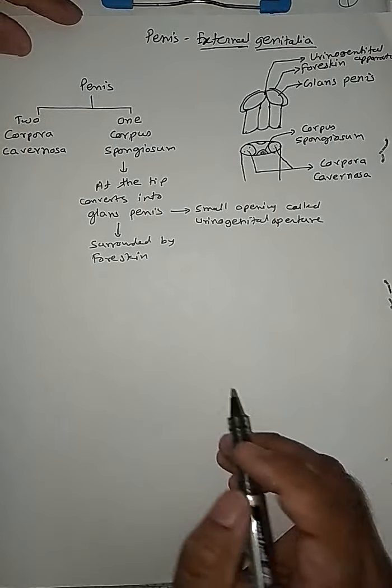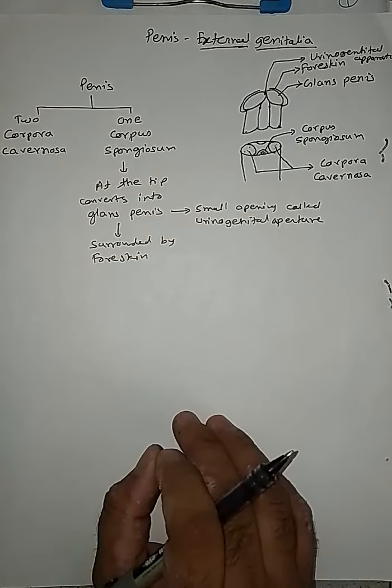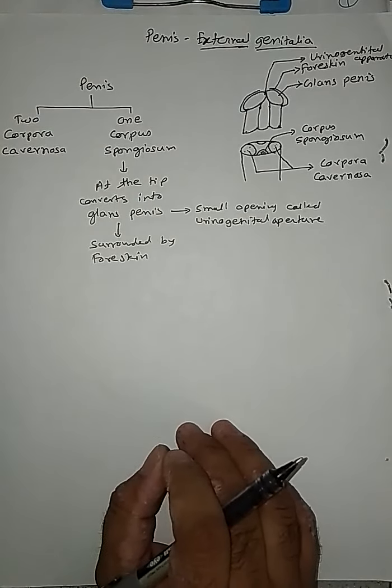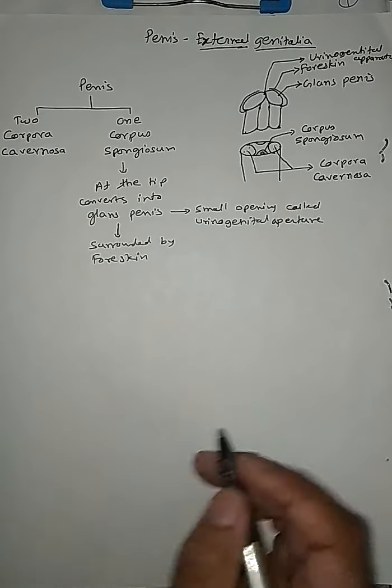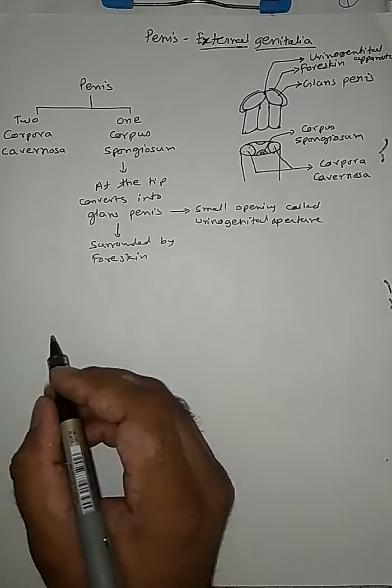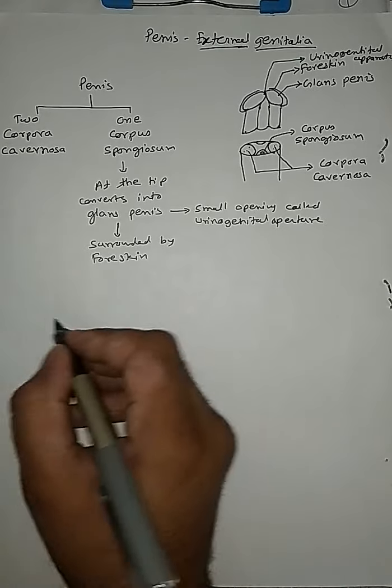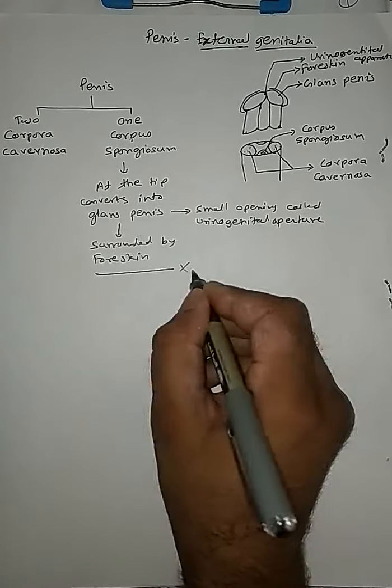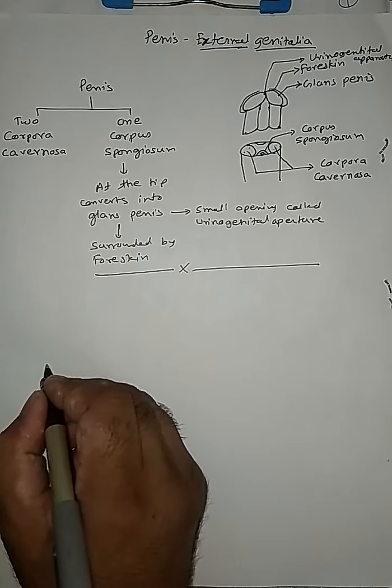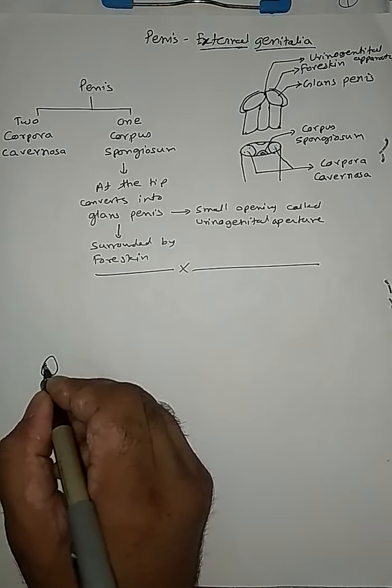At the end we'll have a small revision of whatever we have discussed. The male reproductive system has the oval shaped testes.